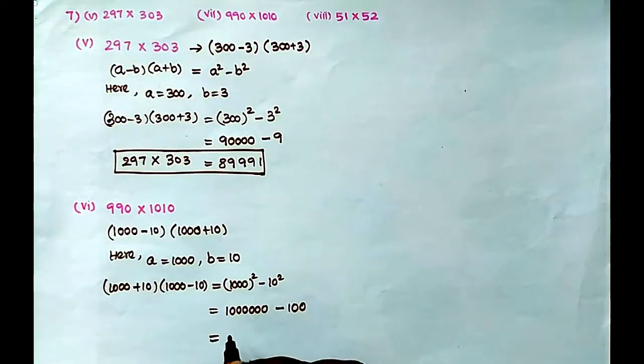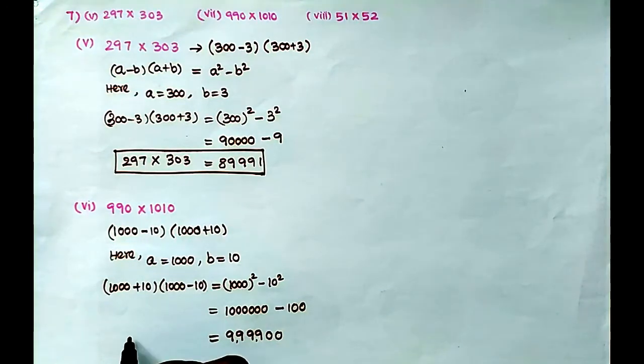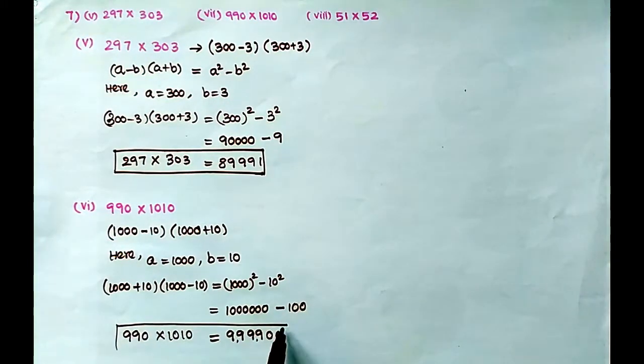Subtract this one and we get 9,99,900. That is the 990 into 1010. That is the answer.